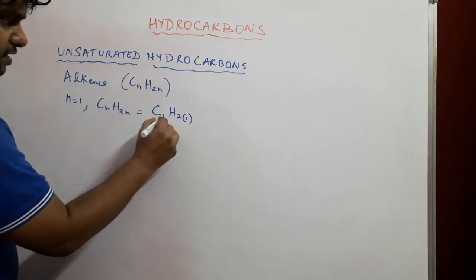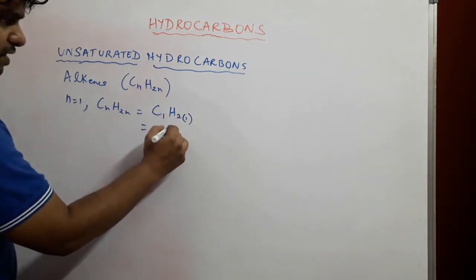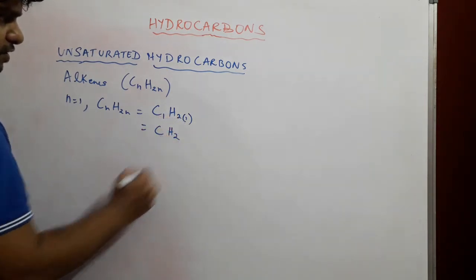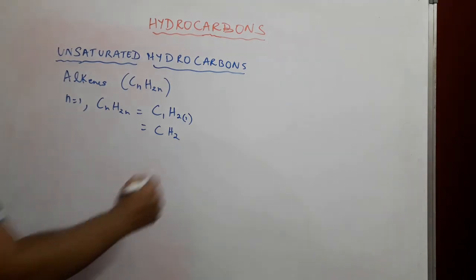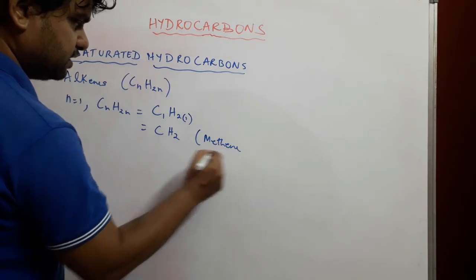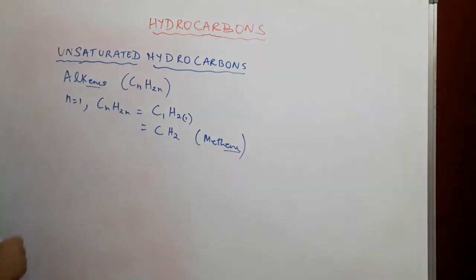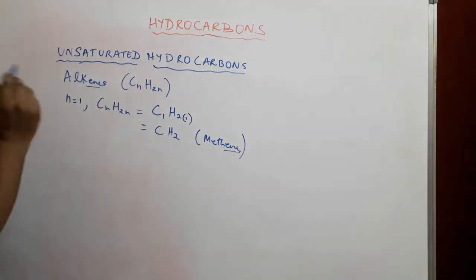We don't write C1, we just write C, and this will be H2. And this becomes your methene. In this case, ene is your suffix. Similarly over here you have ene, and alkenes is plural.